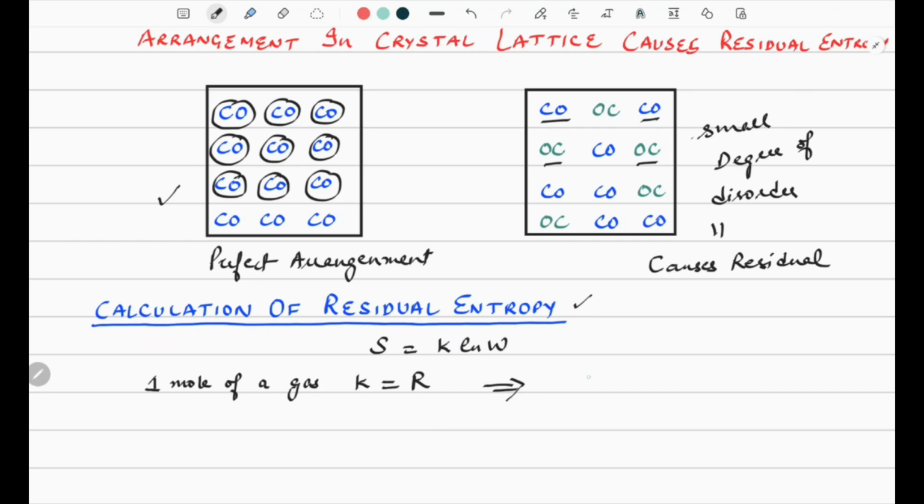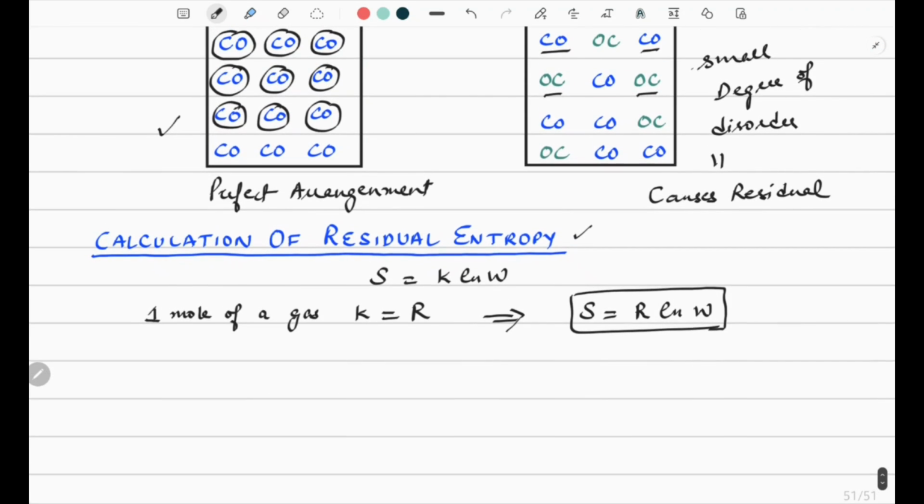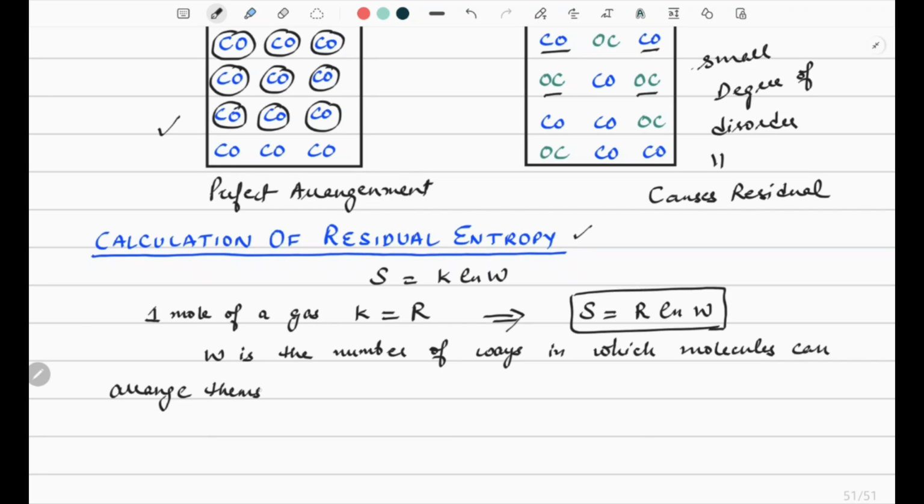That means we can write S is equal to R log of W. This equation we will use for the calculations and in the numerical problems, where W is the number of ways in which molecules can arrange themselves in a crystal lattice.